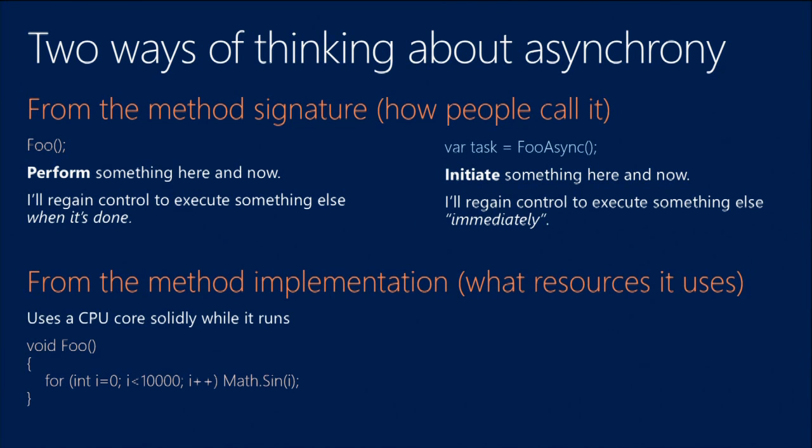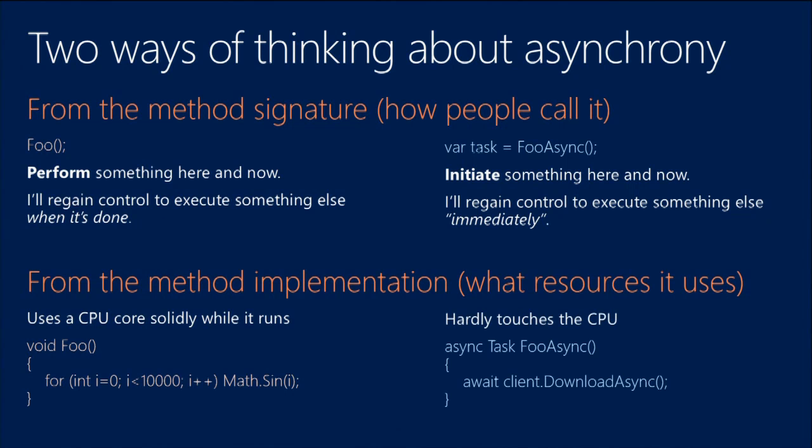The complete other side of what we mean by async is looking at the implementation. A synchronous implementation is one that burns a CPU core solidly while it runs. That one obviously burns the core solidly for a while. An asynchronous implementation is one that only touches the CPU lightly.